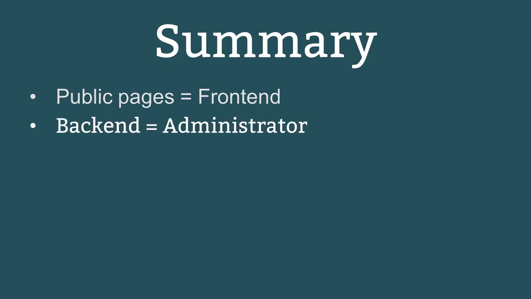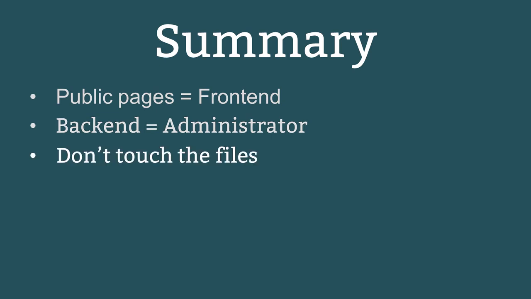This lesson has covered a number of concepts which will be explained further in the rest of this course. Here is a summary of the major points. The pages that your visitors can view are collectively known as the front end. The back end of the site, where you create content and manage the website, is called Administrator.